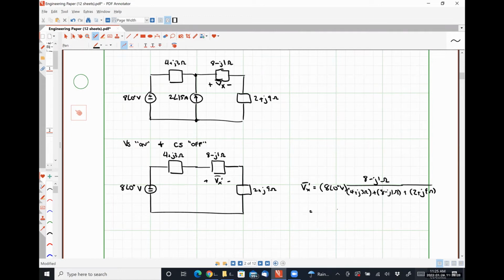And so, Ian, I'm sure you're already done. What's Vx prime? For a problem like this, personally, I would store this impedance as A, this impedance as B, this impedance as Z, and then just let my calculator take care of all the good stuff.